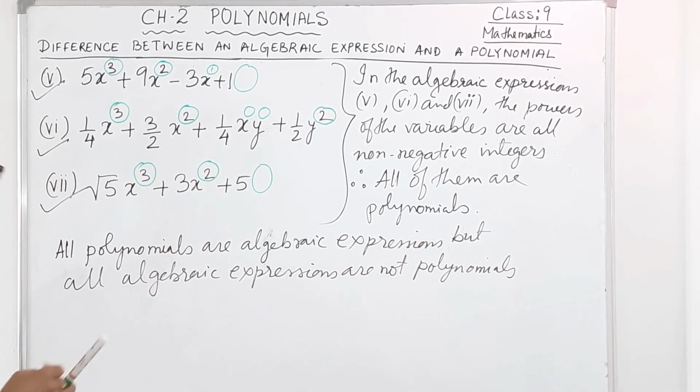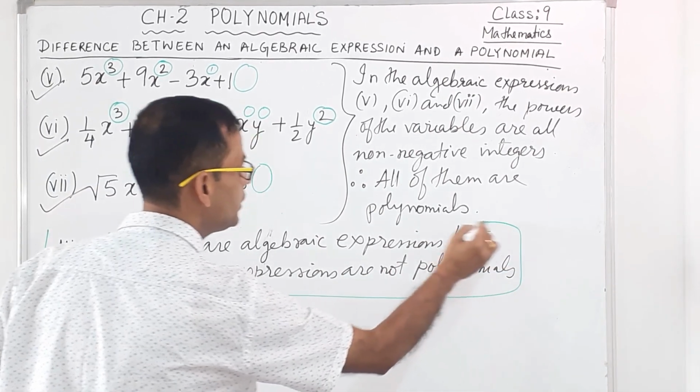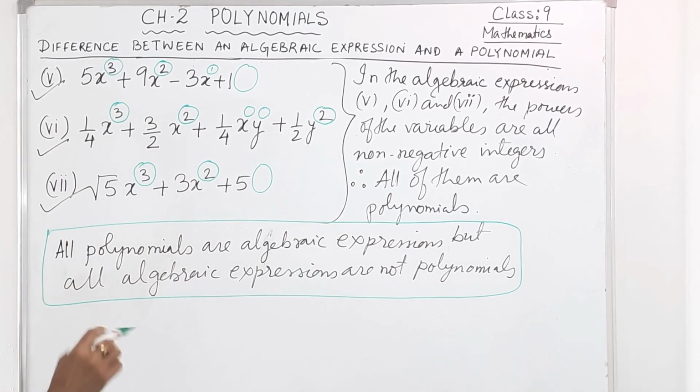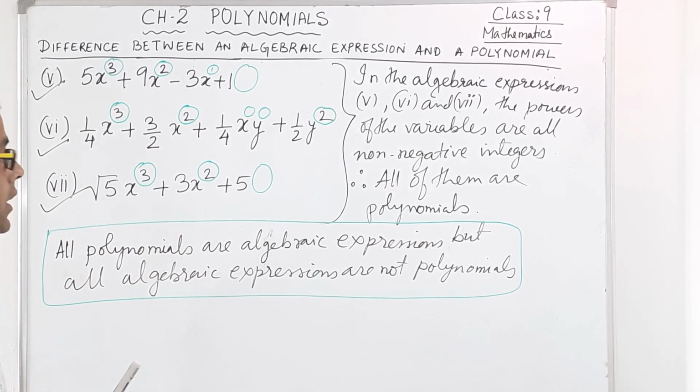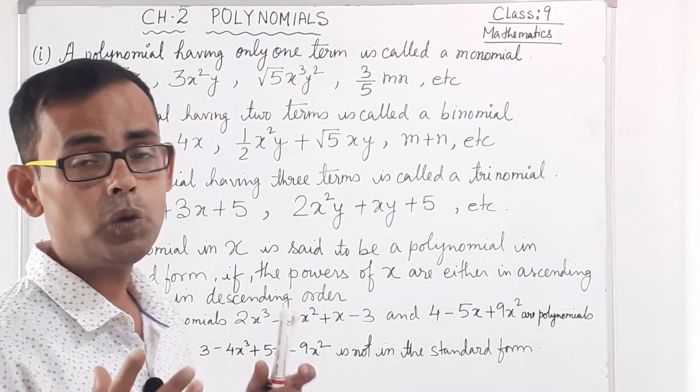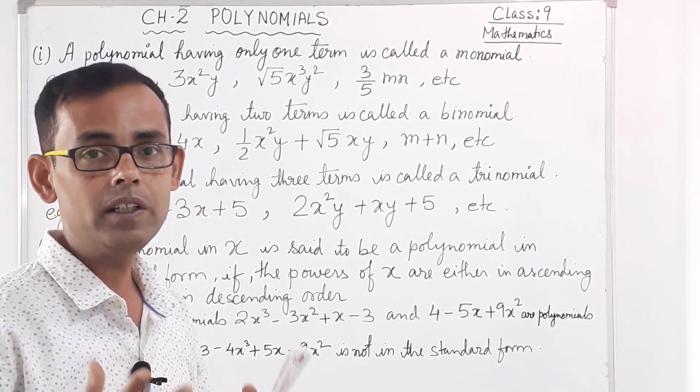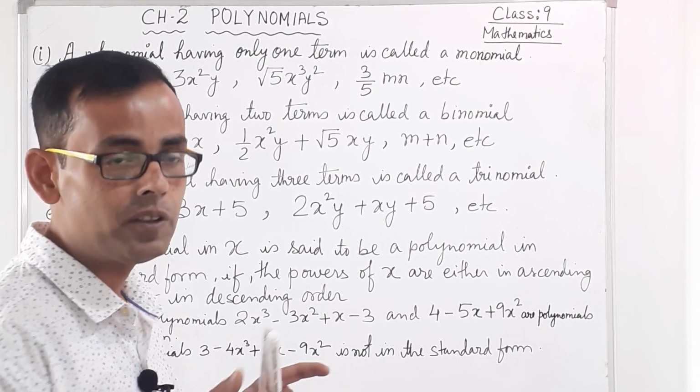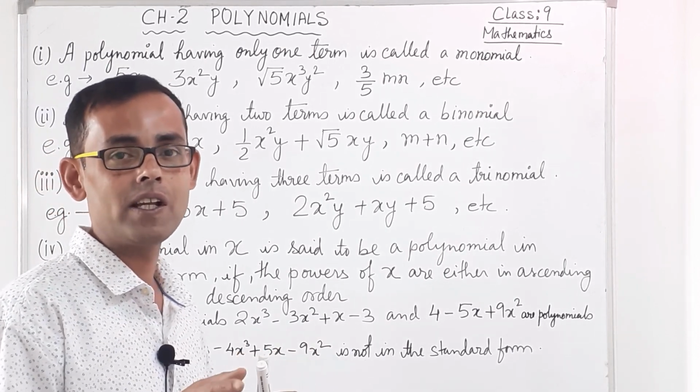One relation: all polynomials are algebraic expressions, but all algebraic expressions are not polynomials. Clear? Now we are going to understand the word term, which a little bit earlier I was telling we will discuss later.